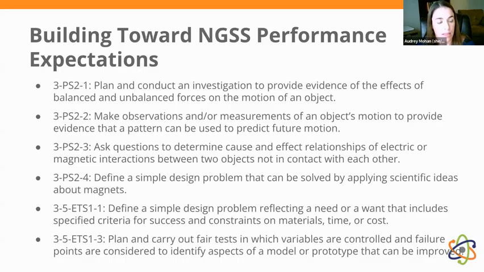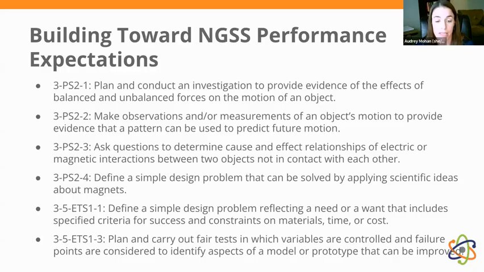And then the third and fourth performance expectations in the unit are focused on non-contact forces. So we're switching over to primarily magnetic forces. And so students are going to be looking at what happens when two magnets are near each other and there's some forces happening, and how can we use our knowledge about that to solve a problem. And then finally, third grade has a lot of engineering in their units. 3 out of the 4 third grade units are going to have engineering.